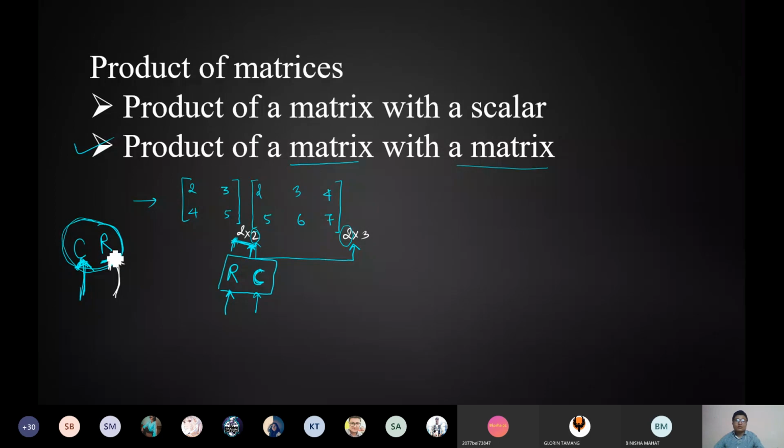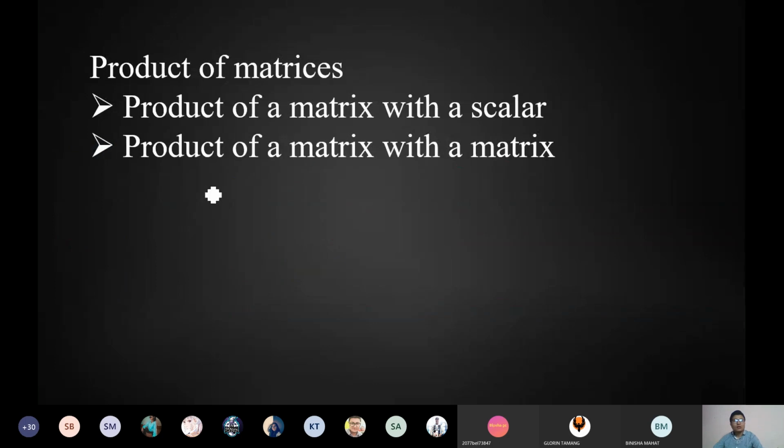There is a whole different process of multiplying the elements, but at first you need to know whether the matrices can be multiplied or not. That is the very challenging question to face at first. If these two are equal, then you can multiply. I'll explain the other things later in the remaining slides.